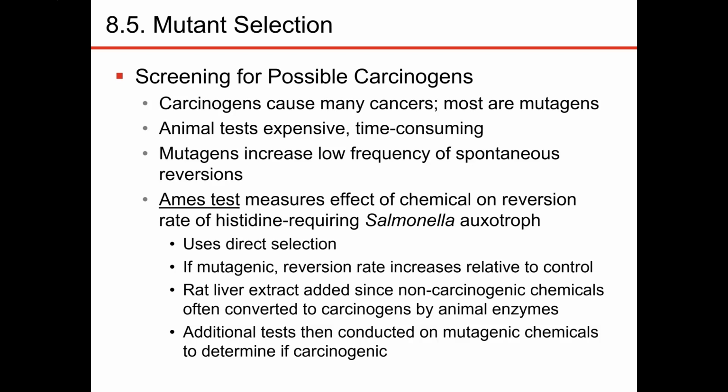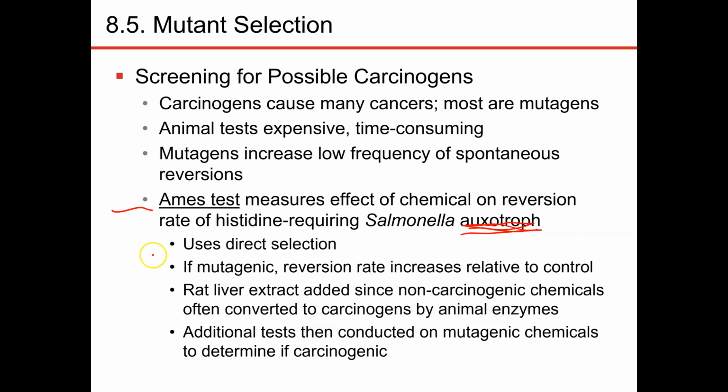And so this is where we use a test called the Ames test. But using an Ames test, we have to first get auxotrophic cells, because the only way to run an Ames test is using specific auxotrophic cells. And so one of the most common auxotrophs that we use is histidine requiring Salmonella auxotrophs, so histidine dependent Salmonella species, okay?